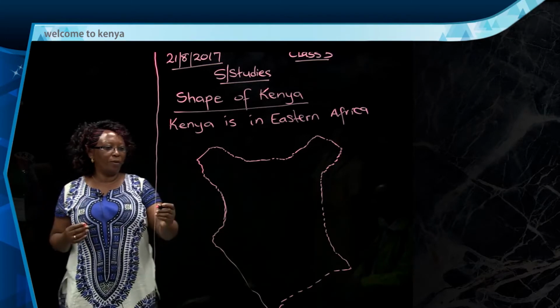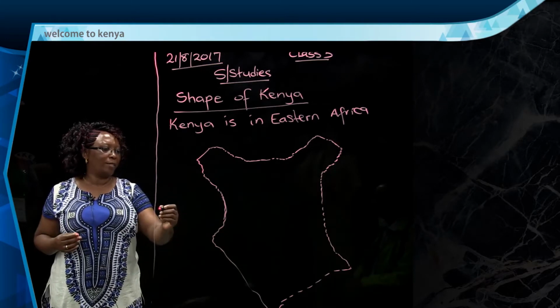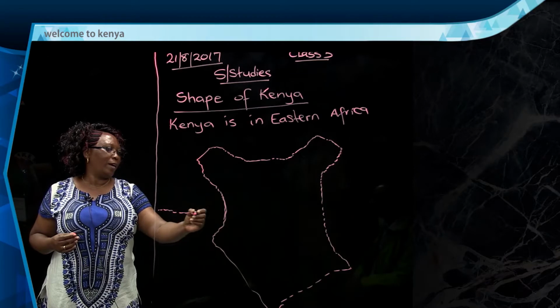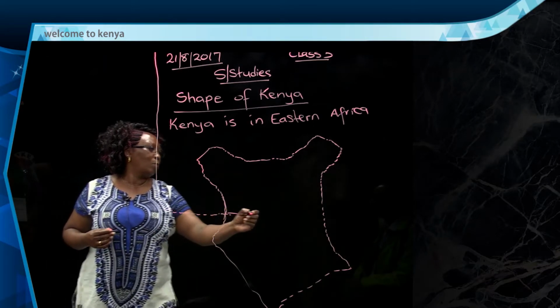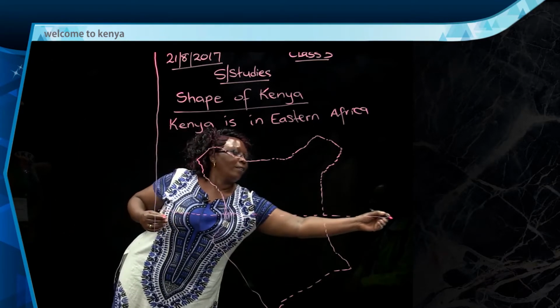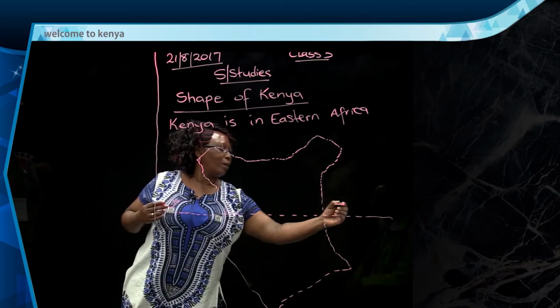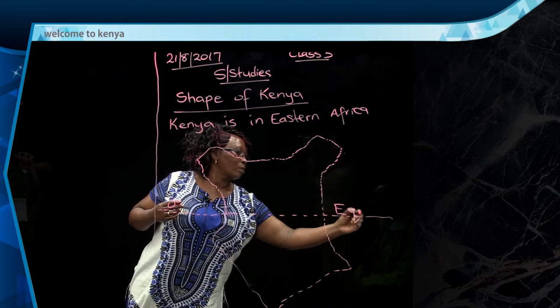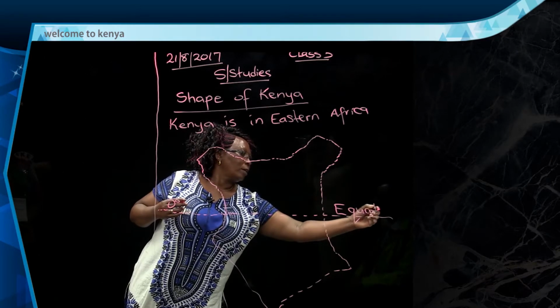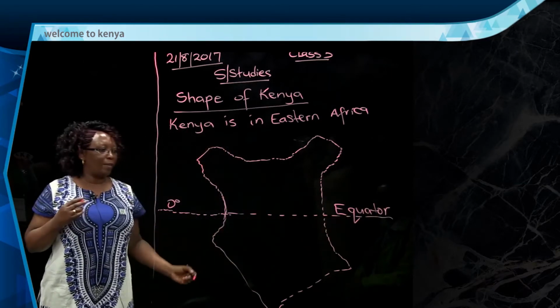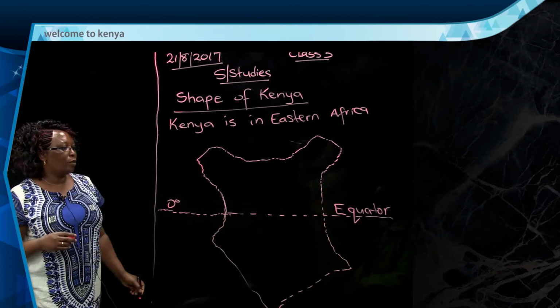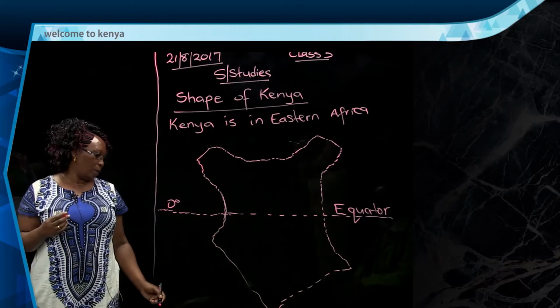We have Kenya divided into two parts. It's divided across by the equator, 0 degrees equator. Equator is the line of latitude that we are going to learn later on about.